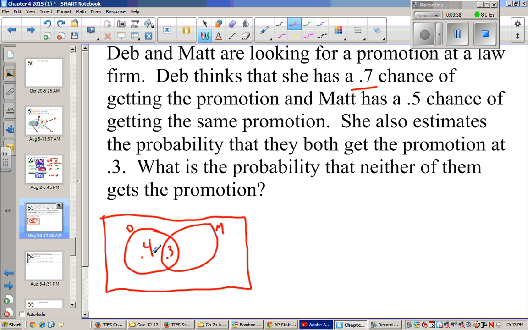So we know that that has to be 0.4. We know Matt's whole circle has to add up to 0.5. So that's 0.3 and 0.2. Now to figure out the question, neither of them gets the promotion, that's on the outside. So if we add up these three, then we get up to 0.9. So there has to be a 0.1 on the outside. And that's the probability that neither of them get it.